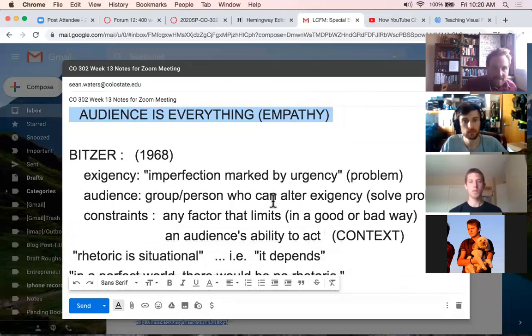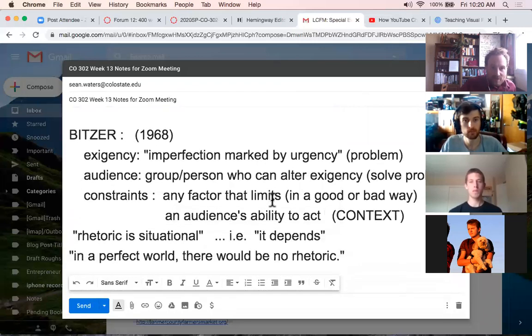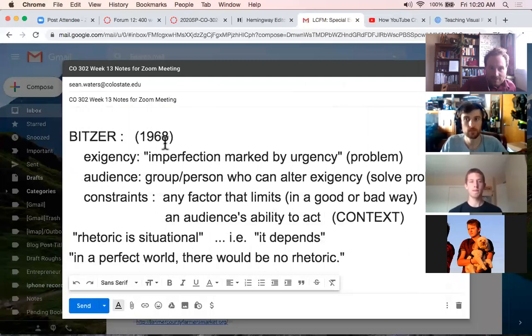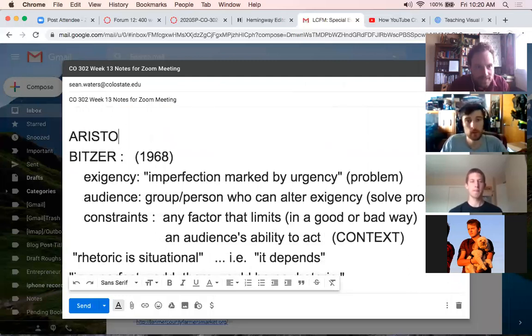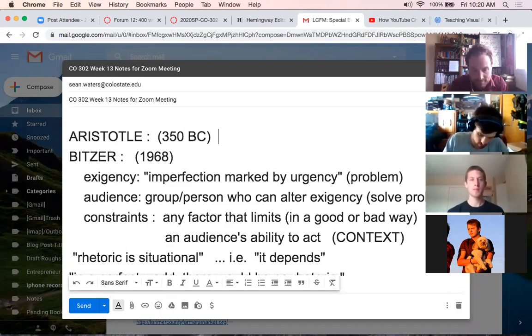Okay. You guys with me so far on this foundational theory of rhetoric? And I actually am presenting this very poorly, because I should have started with Aristotle in 350 BC, who basically says rhetoric is the art of persuasion.